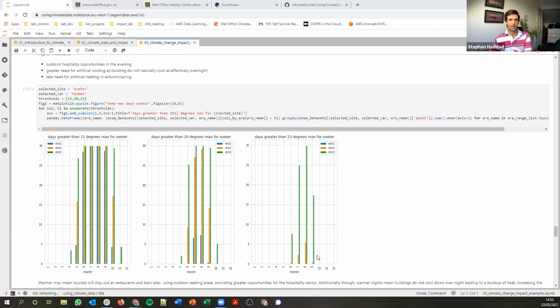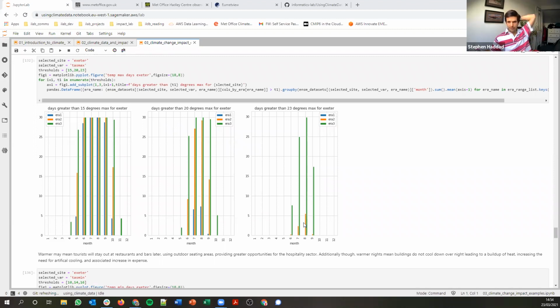We see there's quite substantial numbers of days greater than 23 degrees in this scenario for the future climate for Exeter. So leisure facilities that might not have done very well in this location in the past might do very well in the future. So that could be something to incorporate in investment plans for a business in the future.